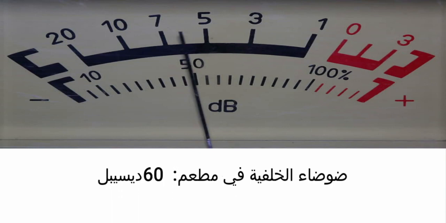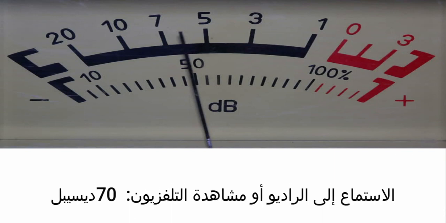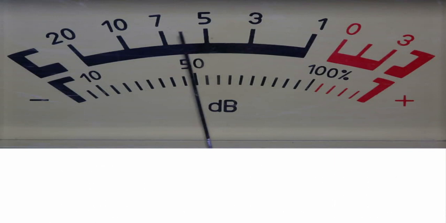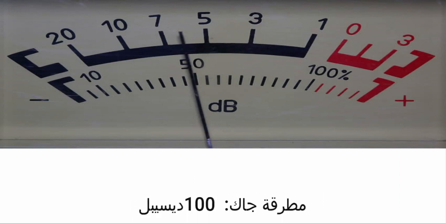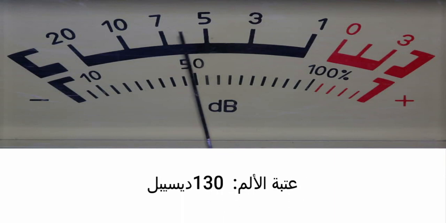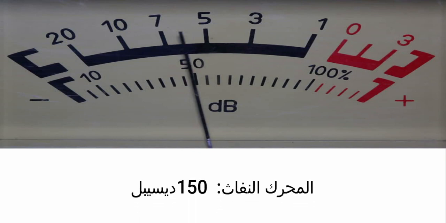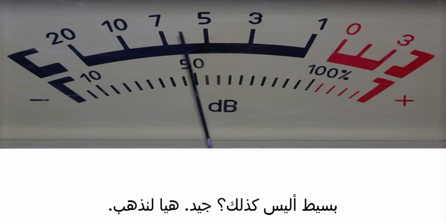Background noise at a restaurant, 60 decibel. Listening to radio or watching TV, 70 decibel. Garbage disposal, 80 decibel. Jackhammer, 100 decibel. Threshold of pain, 130 decibel. Jet engine, 150 decibel. Simple, right?